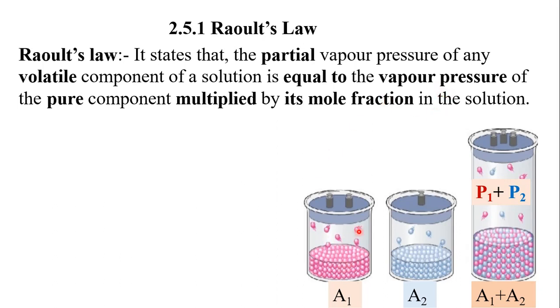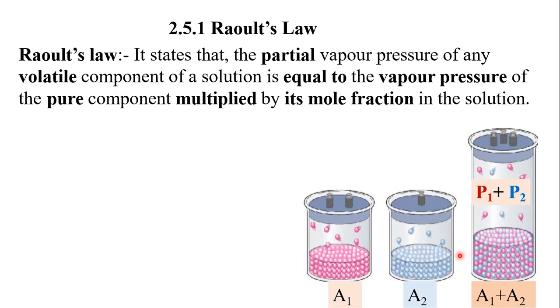So here these are the two volatile components, A1 and A2. The vapor pressure of pure component A1 is P10 and the vapor pressure of pure component A2 is P20. When these two components are mixed, a homogeneous mixture of the two is formed, which is called a solution.